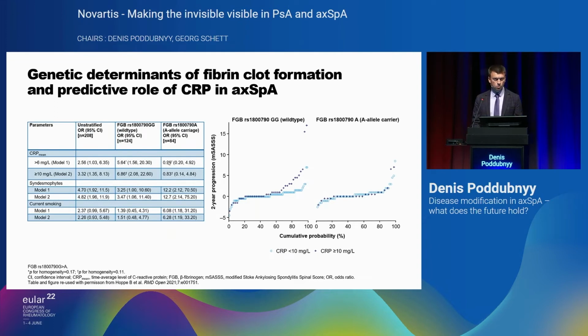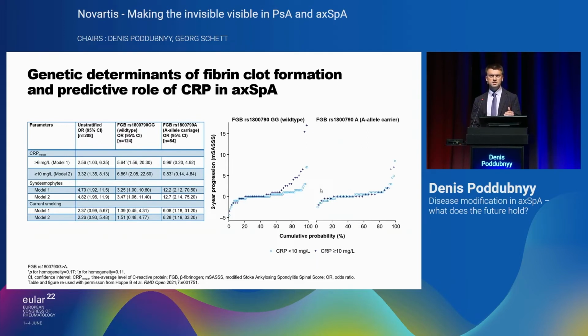But we had also in this cohort about 1/3 of patients with an alternative allele in this gene. And in those patients, we could not predict structural damage progression in the spine by CRP. So in those patients, systemic level of CRP had no value as a predictor of structural damage progression.